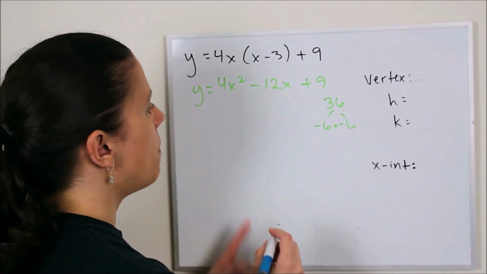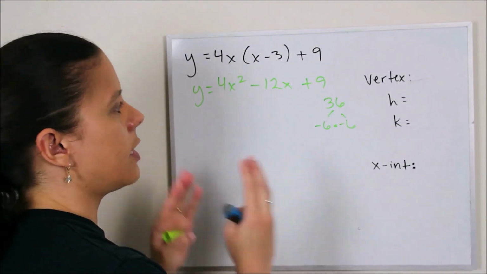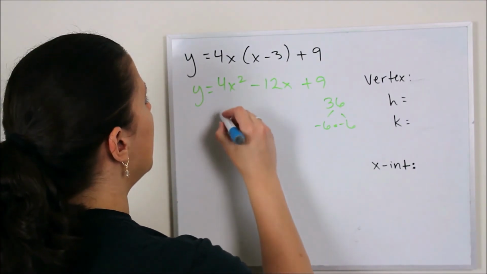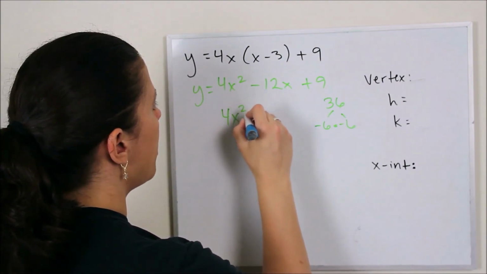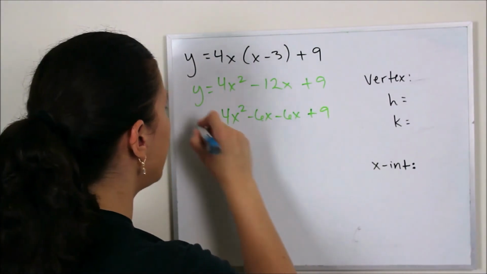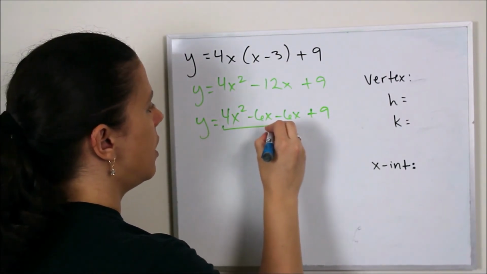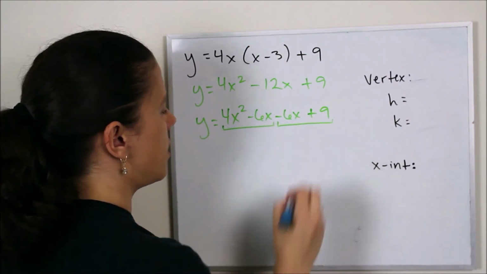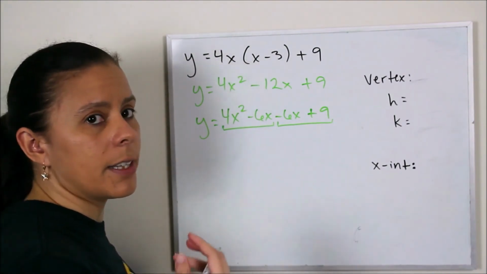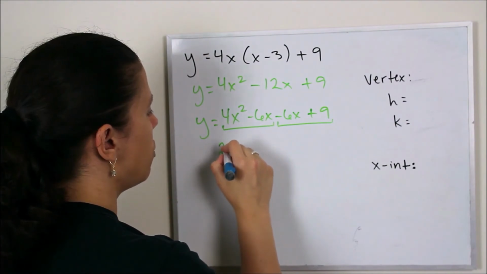Okay, so what I'm going to do is rewrite negative 12x as negative 6x minus 6x. All right, so it's going to be 4x squared minus 6x minus 6x plus 9. All right, and what I'm going to do is pack these guys together, and find the greatest common factor. The greatest common factor between these two is going to be 2x.